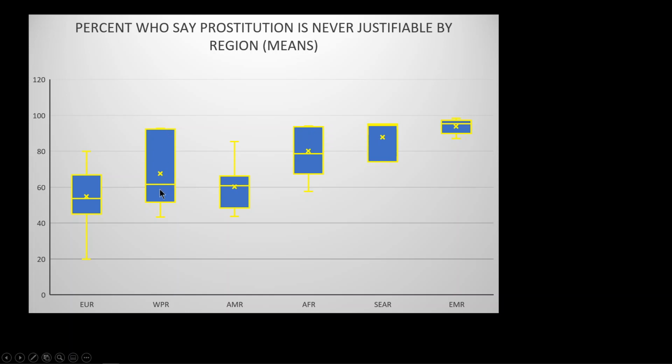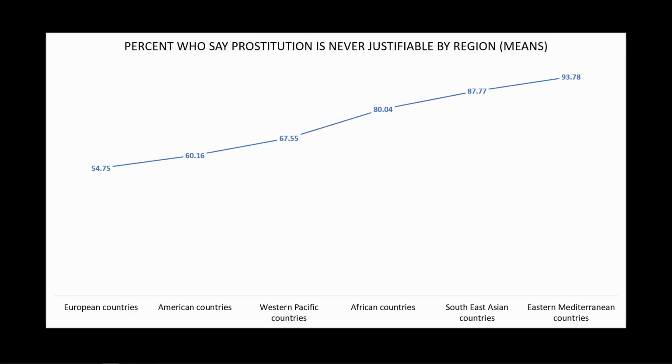And look at the amount of variation amongst these countries in the Western Pacific region, whereas there's hardly any variation at all over here in the Eastern Mediterranean region amongst the countries' values on percent of the population saying that prostitution is never justifiable. If your audience can understand a box plot, this shows a lot more information. But if your audience can't understand a box plot, maybe a line chart. But again, the line chart could be misinterpreted.